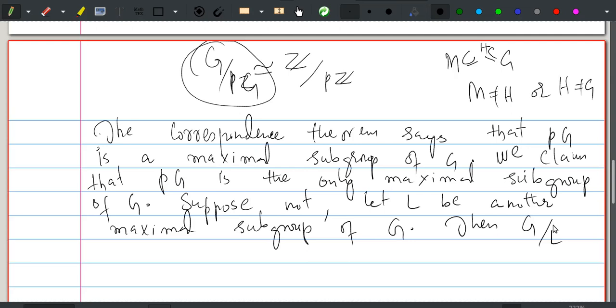So we claim that this G/L is isomorphic to Z/pZ.